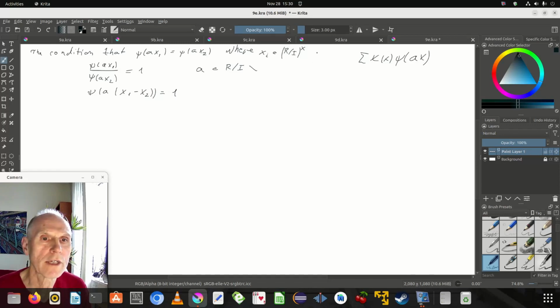We should call that something. Let's call it capital M, just to make sure it cannot be misunderstood. And then, now A is in a ring, so we actually have a one element.